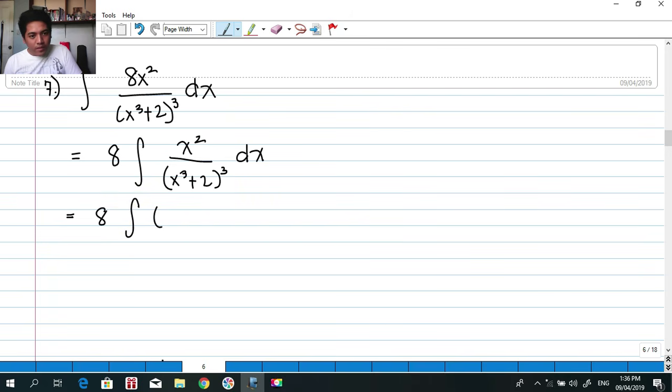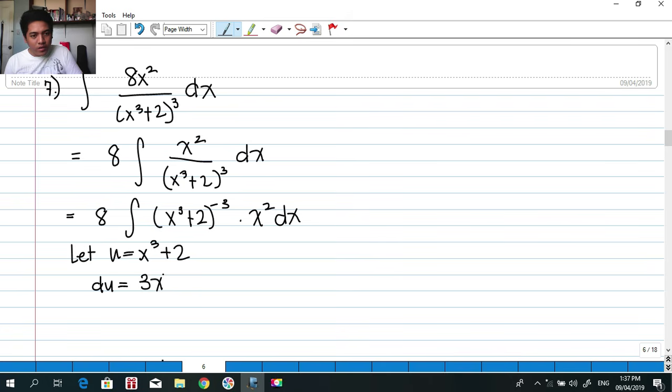So we can simply still use integration by substitution by bringing up this expression x cubed plus 2, but with a negative exponent, times the x squared dx. Okay, so if we let u equal x cubed plus 2, then du over dx should be 3x squared times dx. So as you can see here, we have an available x squared dx, so we have to multiply this by 3.